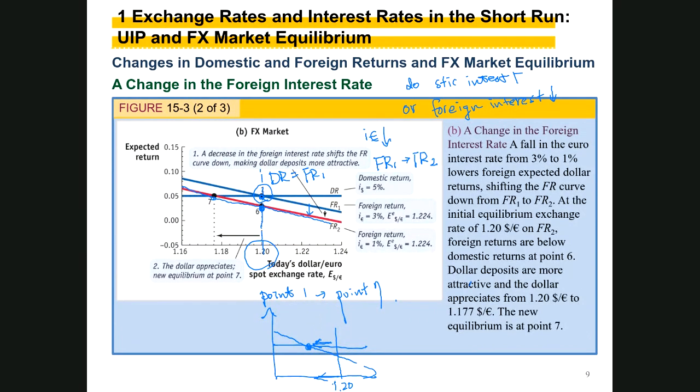Because people tend to hold their assets in terms of the US dollar more, so that the US dollar will appreciate against the foreign currency, right? So the first shock and the second shock should give you the same consequence. The equilibrium probably is not the same, but the direction is the same. Okay, I hope this is very clear.